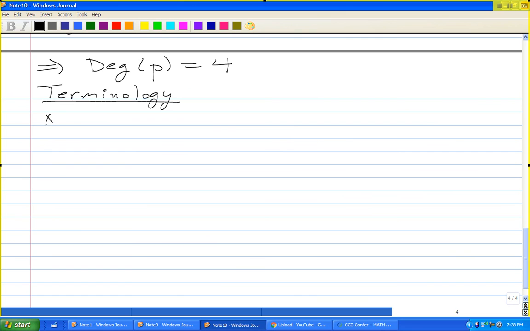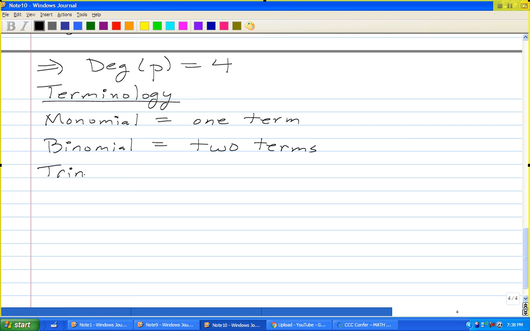A monomial is a polynomial with one term. A binomial is a polynomial with two terms. A trinomial is a polynomial with three terms.